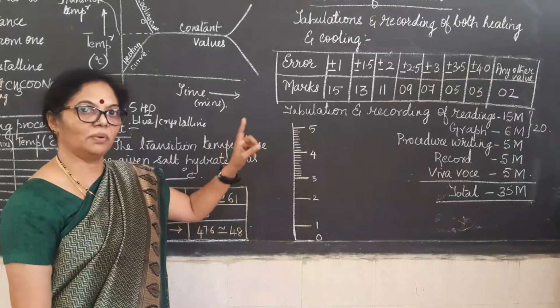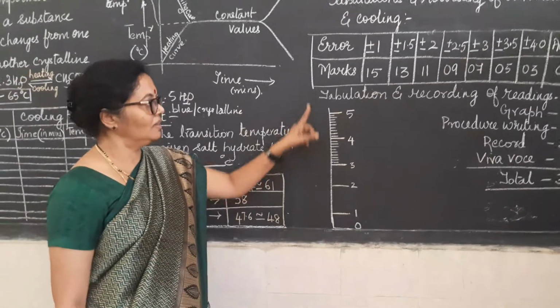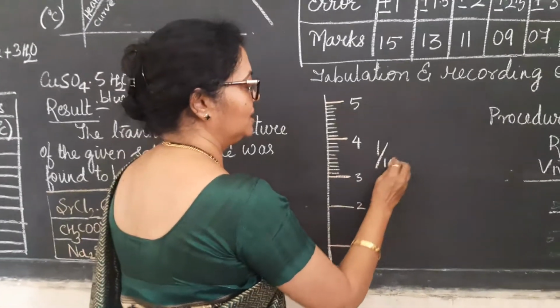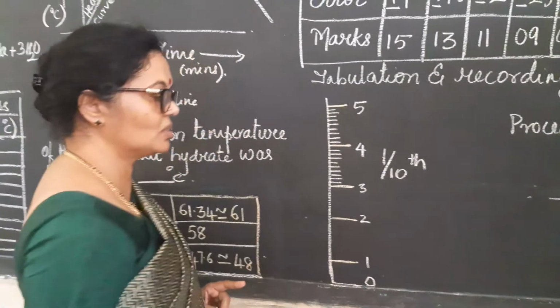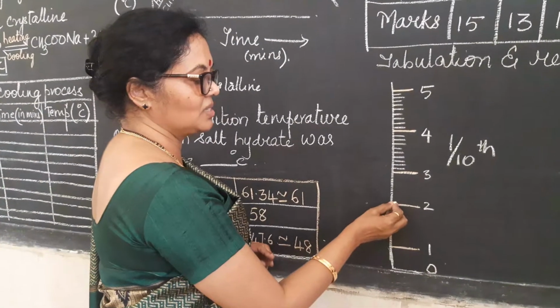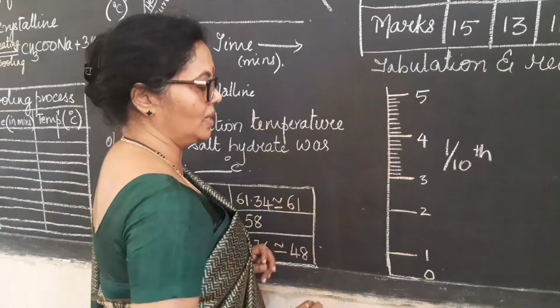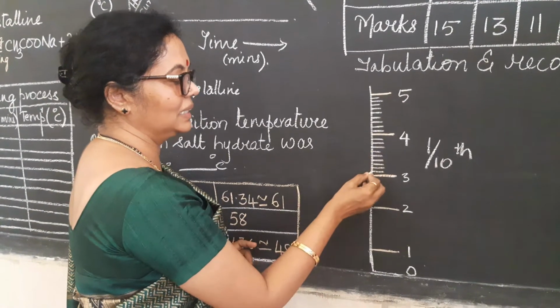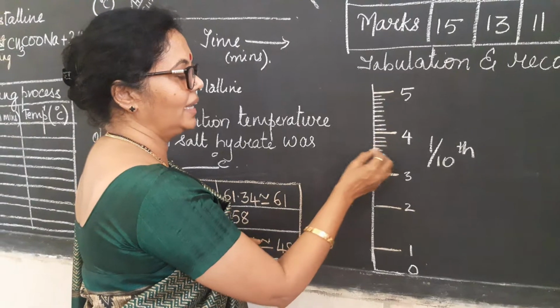Here, one important thing that you have to notice, we make use of a 1/10 degree thermometer which you are not so far used to. Generally, the thermometers would be 1 degree, next reading is 2 degrees, 3, 4, 5 and so on. But here, between every 2 degrees, there are 10 divisions.